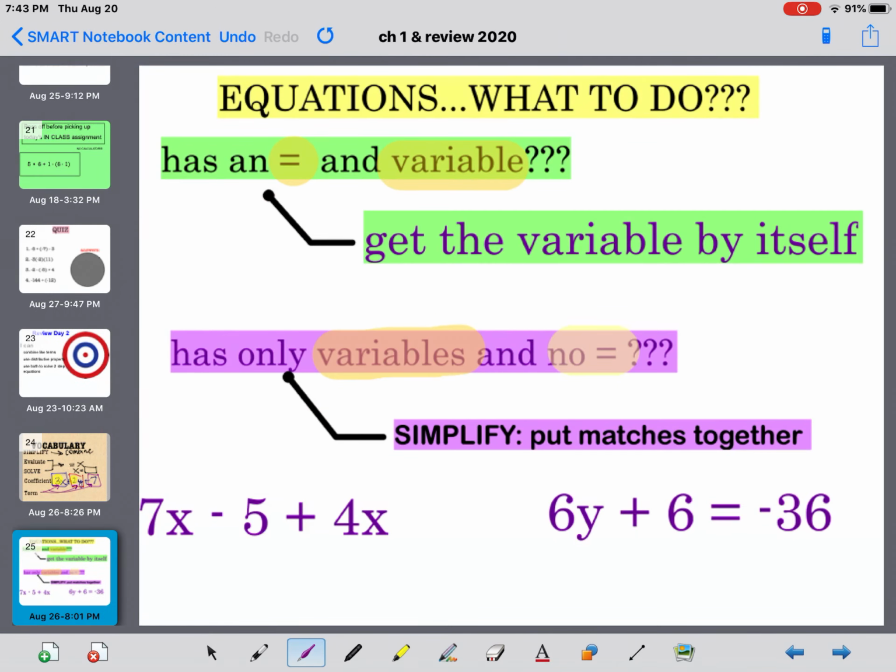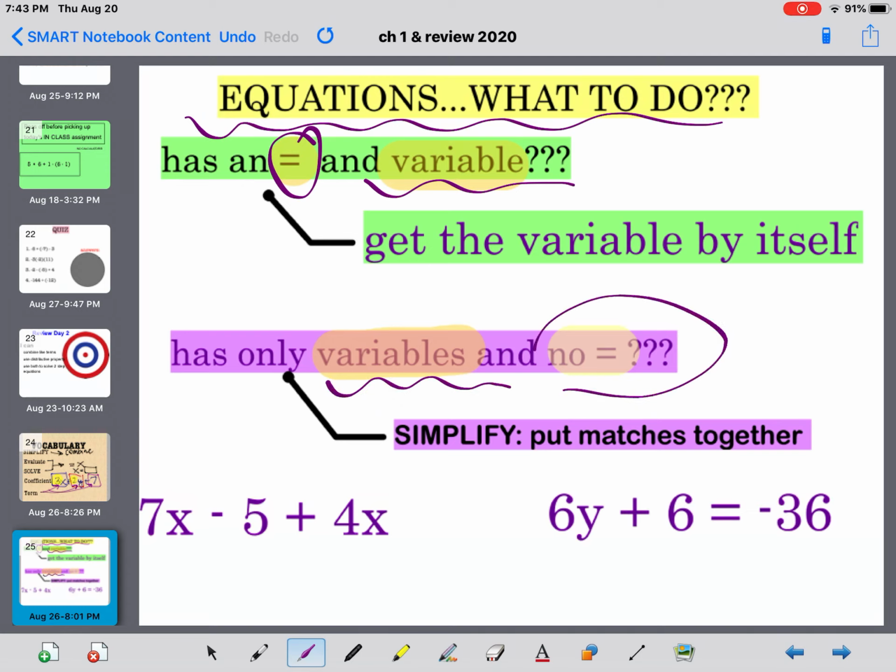So let's look and see how this works. How do we know if it's an equation and what we're supposed to do? If it has an equal sign and a variable, then our goal is to get the variable by itself. If it only has variables without an equal sign, we're just going to smash everything that matches together as much as possible.